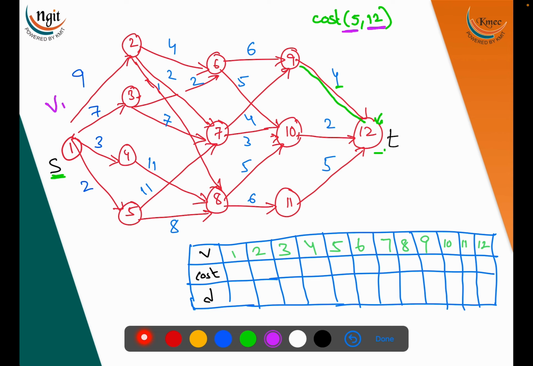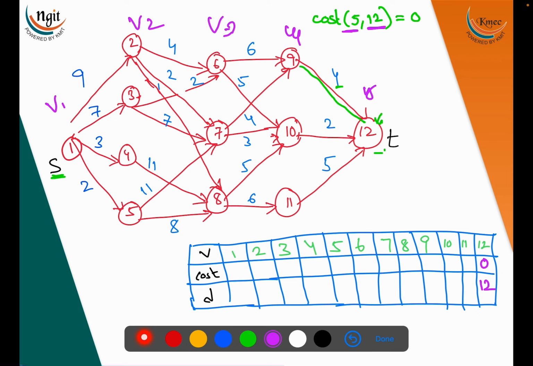So these are the stages: V1, V2, V3, V4, V5. So cost 5 comma 12 is what? It is 0. Correct? So I am representing this. For this reason I have taken a table. Now D is what? The vertex value. The vertex which gives this value, you have to make note of this.